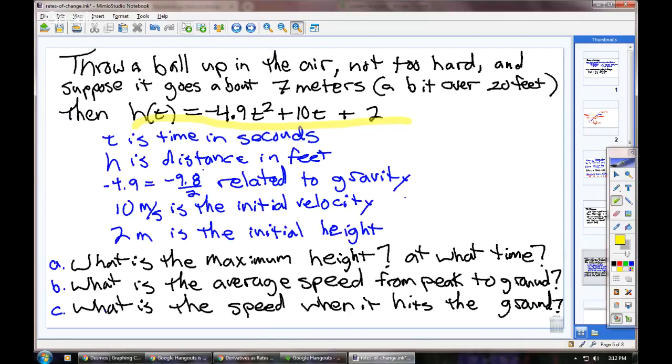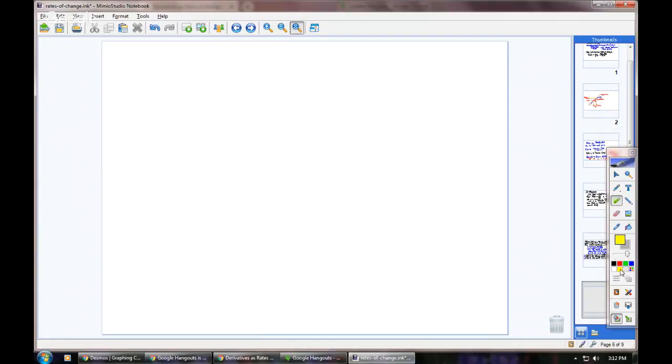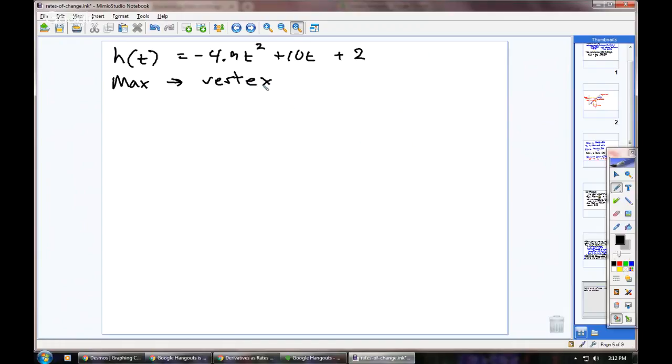So taking this into a new screen, I have h of t equals negative 4.9 t squared plus 10t plus 2. And to find the maximum, that's going to happen at the vertex, because this is a parabola.